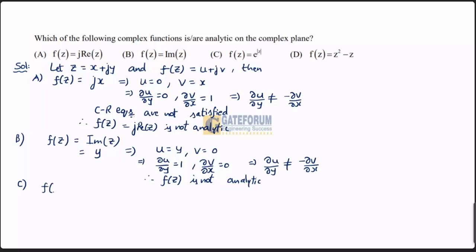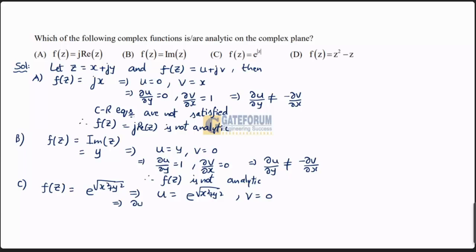f of z is equal to e power mod z, where mod z is root over x square plus y square. So comparing with u plus jv, you will be getting u, the real part, is e power root over x square plus y square, and v, the imaginary part, is 0.